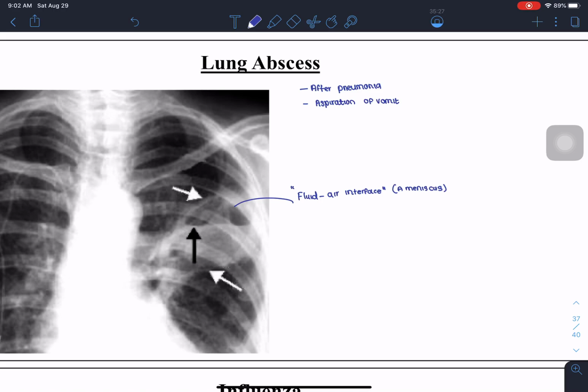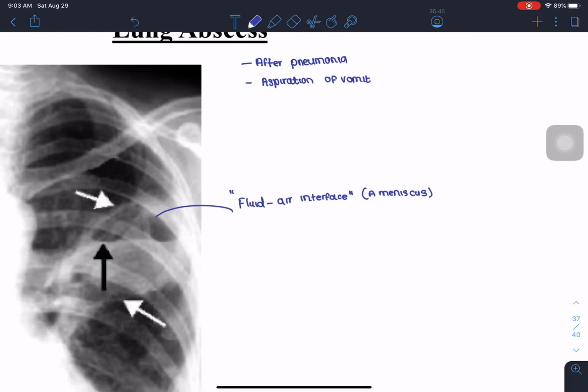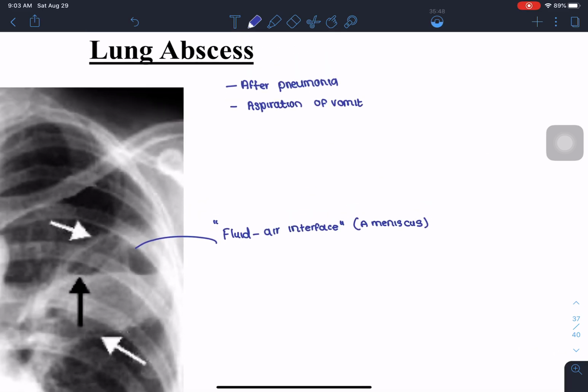So you drink too much alcohol, you get passed out on the road, and the vomit is not going to be able to leave your body. It will instead be stuck on the floor, and the vomit cannot leave out. It will instead enter the lungs, and to attack that, there will be an abscess formed.